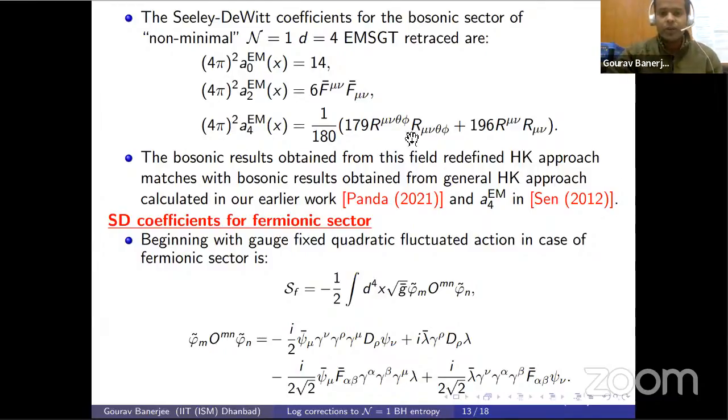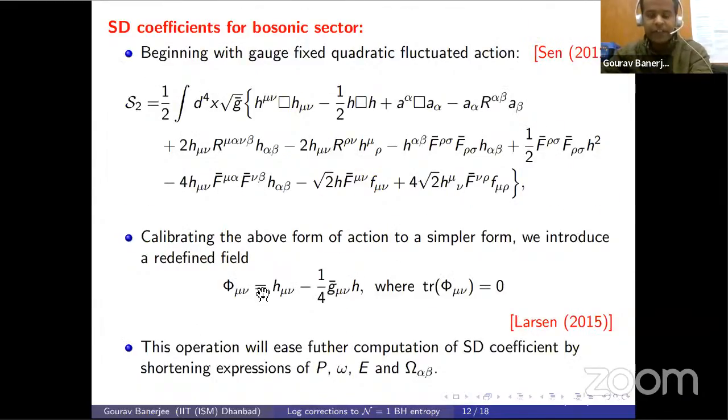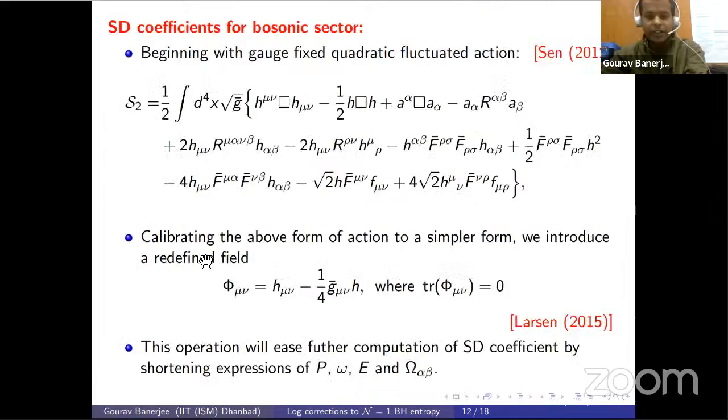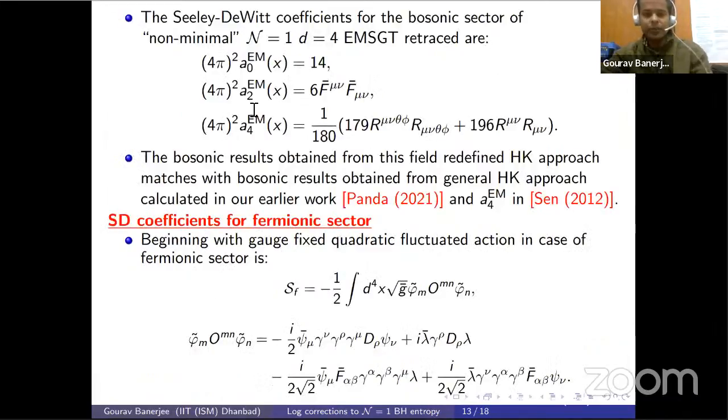The bosonic result of this field-redefined heat kernel approach perfectly matched the bosonic result of the general approach, that is, without imposing any such field redefinition. In our earlier work we computed the same Seeley-DeWitt coefficients but without any such field redefinition. Although without using this field redefinition, the computation was very large and tedious.